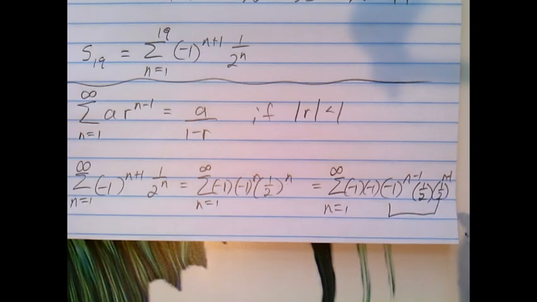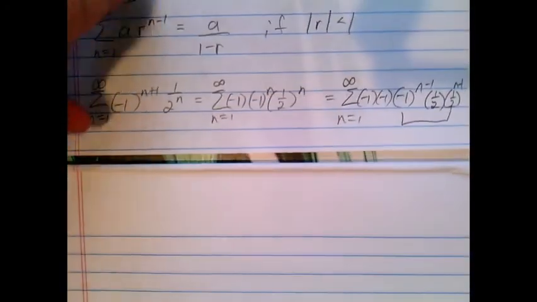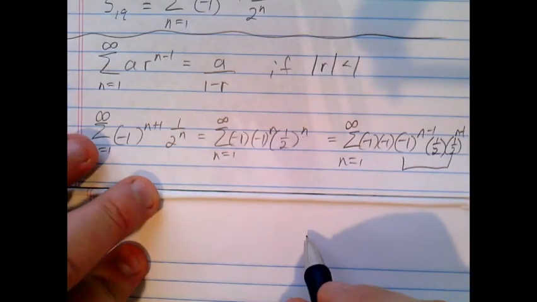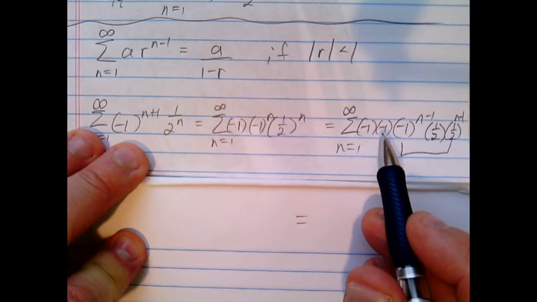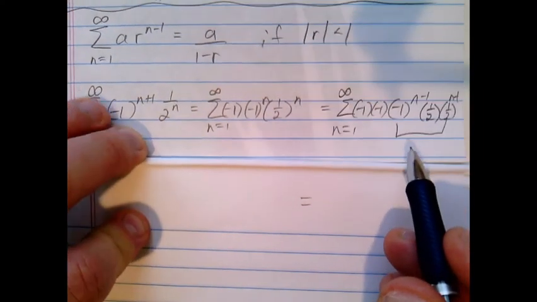And then these two things that have a power of n minus 1, I can combine those. So that's going to give me, well, let me see. I've got a negative 1 and a negative 1. That's a positive 1 and a 1/2.